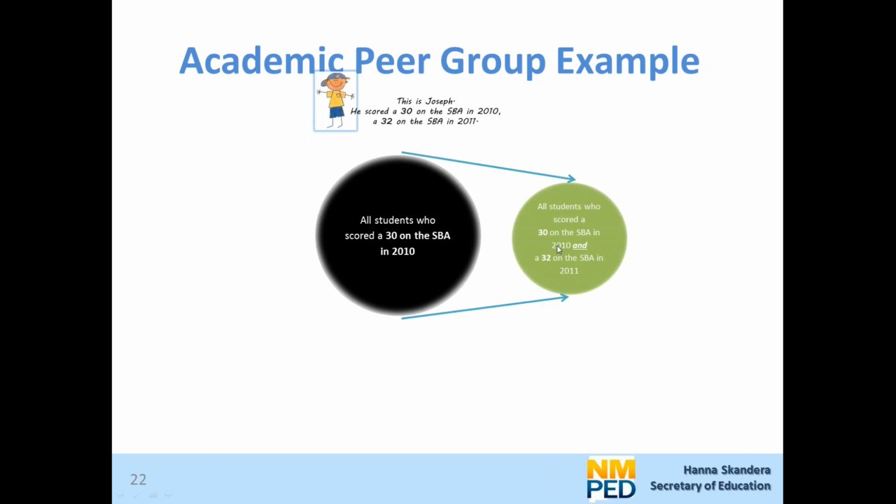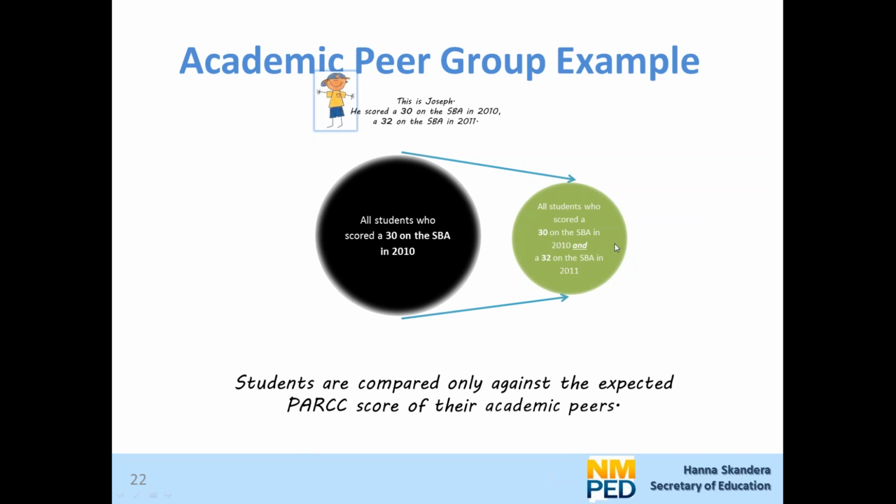In other words, Joseph's only going to be compared against students who have a similar score history on the tests, or have the same prior achievement scores. Those are his academic peers. Students who have the same prior score history. And we'll see in a second on the next slide how we use regression analysis to arrive at the expected value.